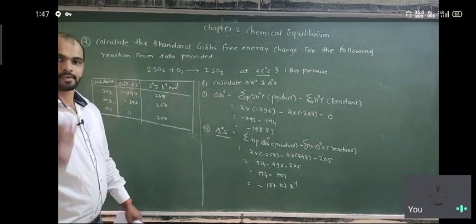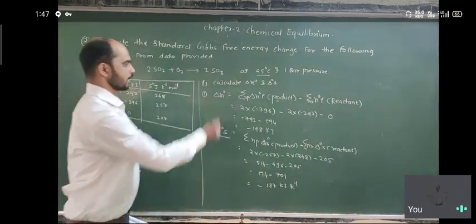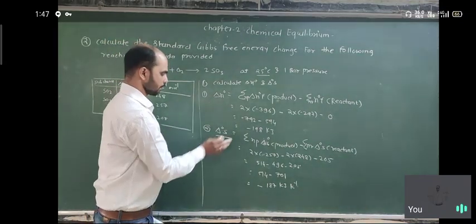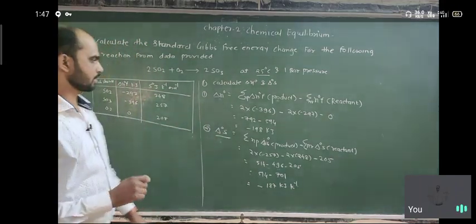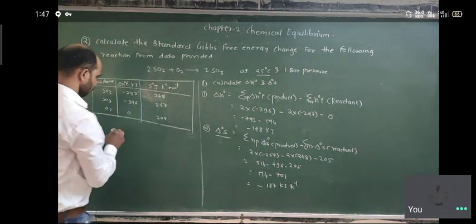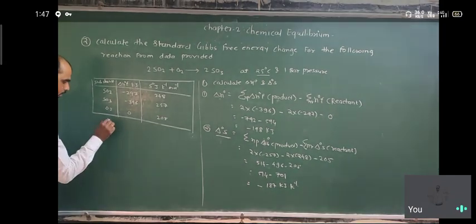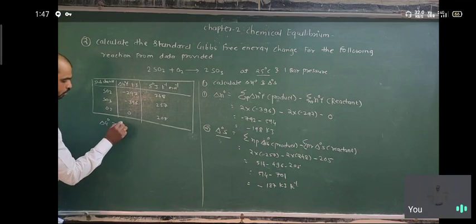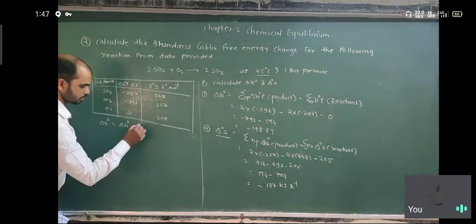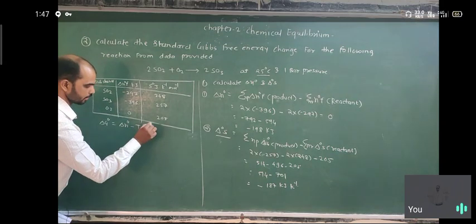So we get the two values, the change in standard enthalpy and the change in standard entropy. Once we get this, we already know from the first problem how to calculate. Standard delta G is equal to standard enthalpy minus T into standard entropy.